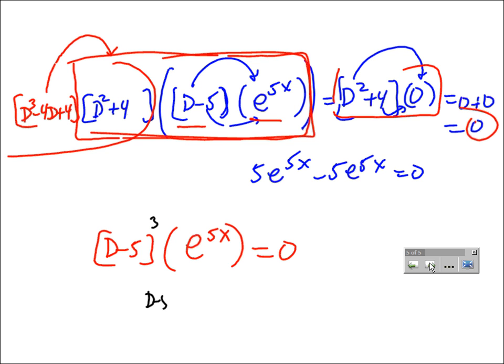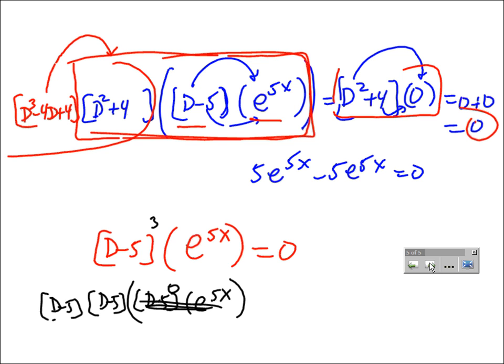So you're going to have d minus 5, d minus 5, d minus 5, operated on e to the 5x. Well, first you do that, but that's 0. And then you do d minus 5 on 0. Well, that mess is 0. Then you do d minus 5 on 0. When you do linear operators on 0, you keep getting 0.